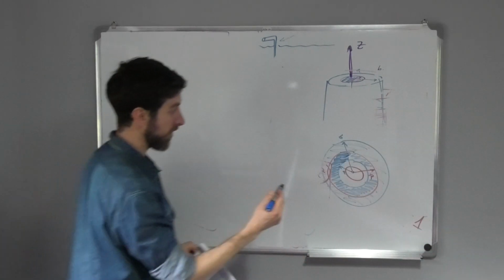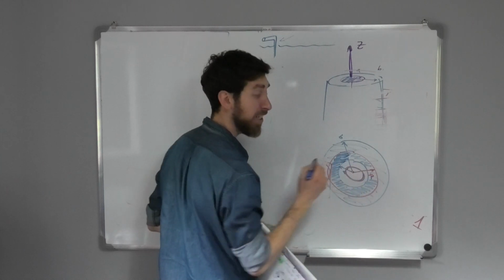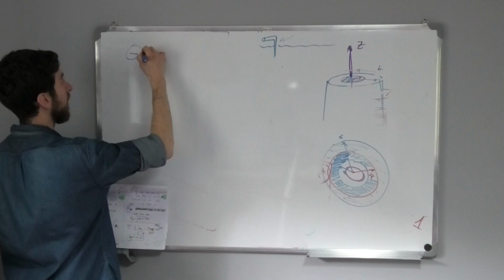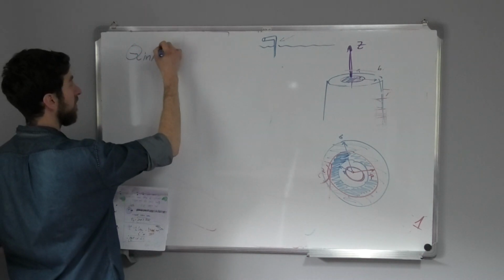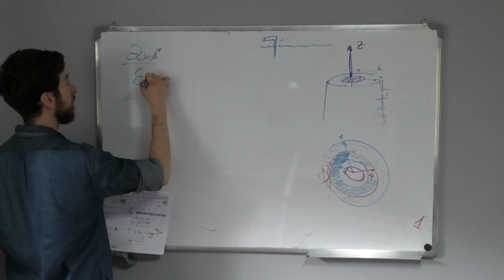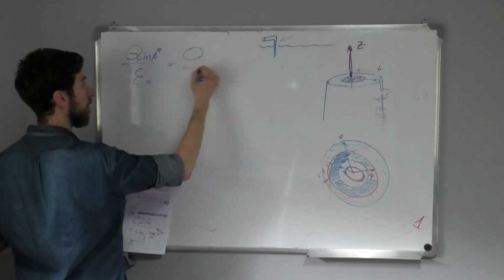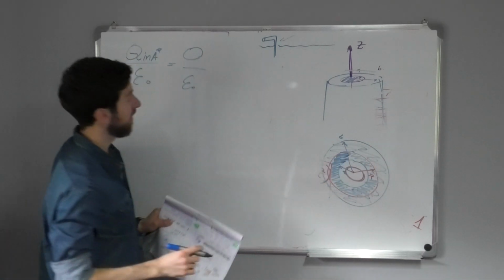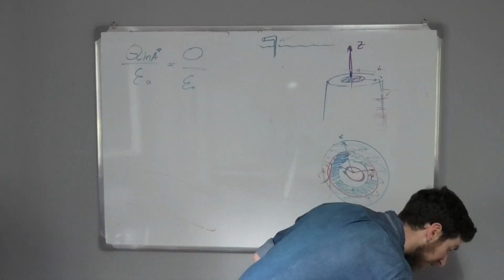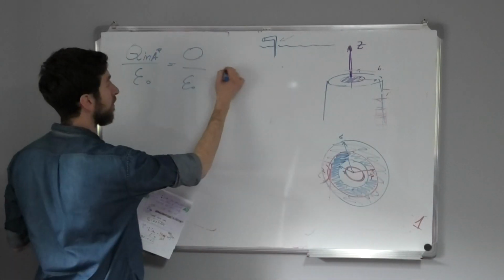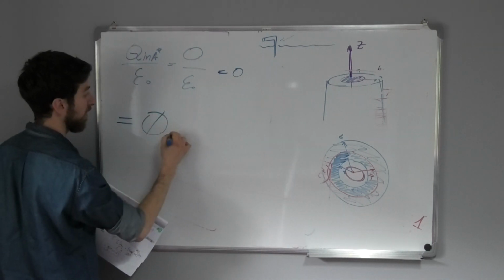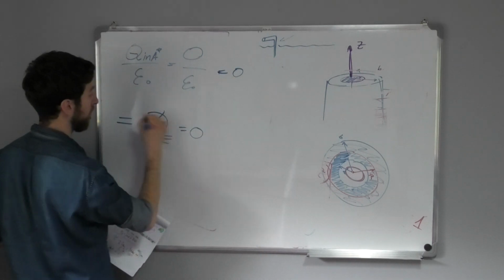I'm going to do the same idea: a cylinder inside the empty space, and what I see is that the Q in my new A over epsilon 0 is actually equal to 0 over epsilon 0, because the charge is always outside. But what I want you to emphasize is that this alone just says that the flux is equal to 0.